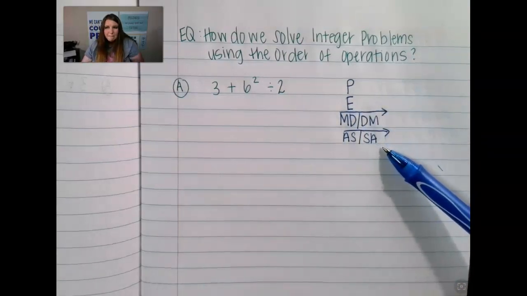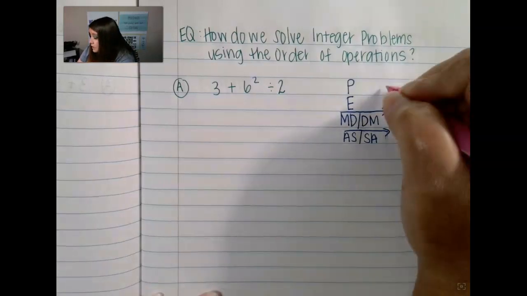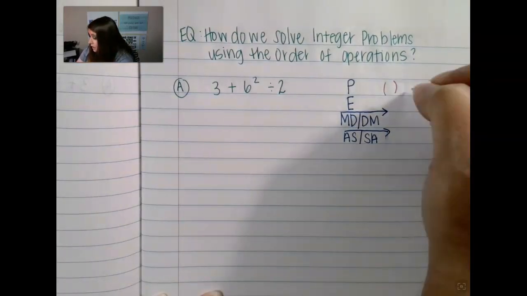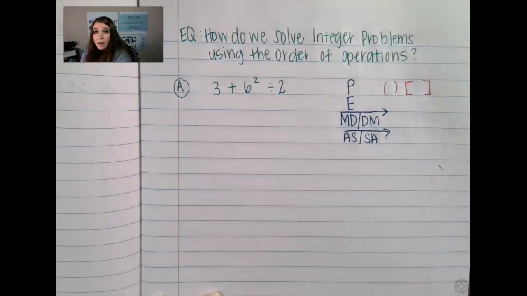Now, what does that mean, rules? Well, it's a way that we have to solve in order to do it in the correct order. So first, let's talk about parentheses. Parentheses can look like many different things. They could be normal everyday parentheses. They could also be brackets like this.